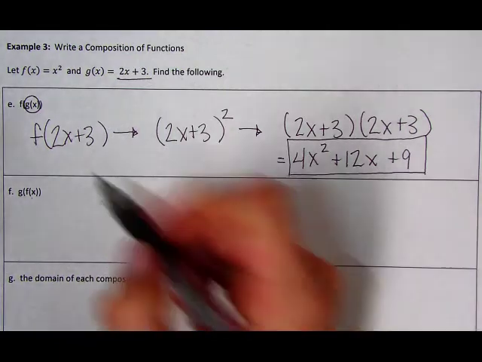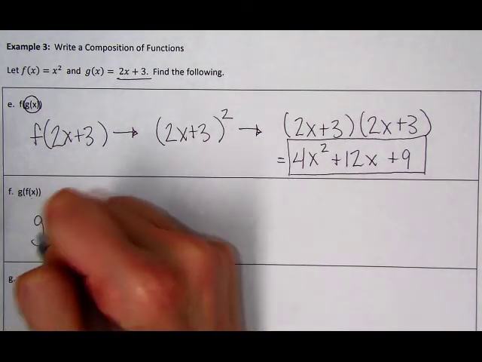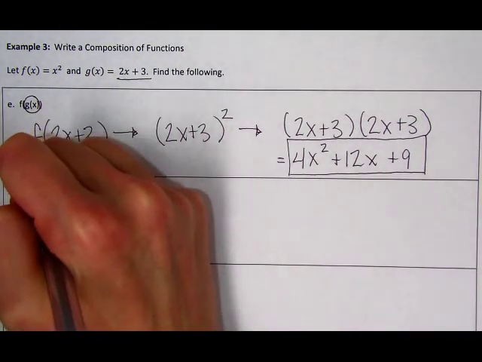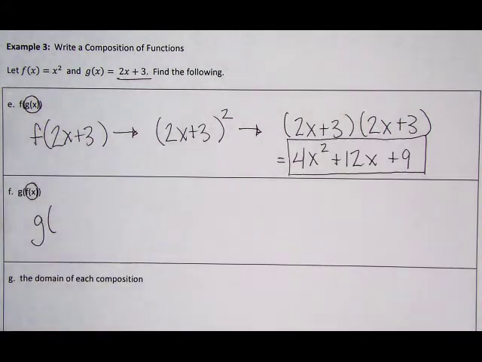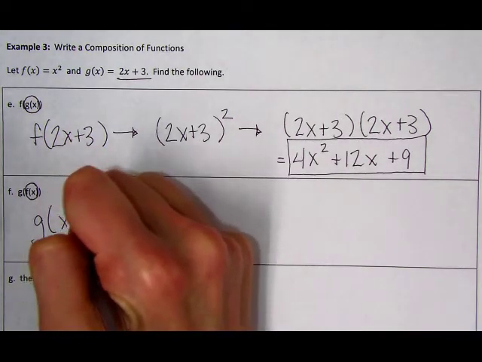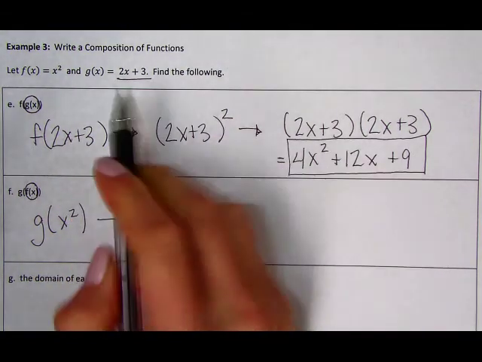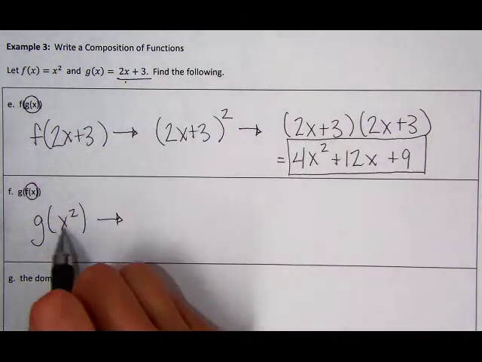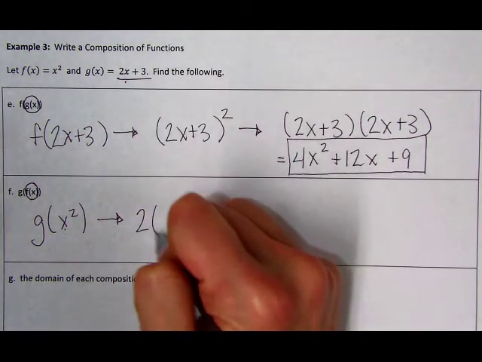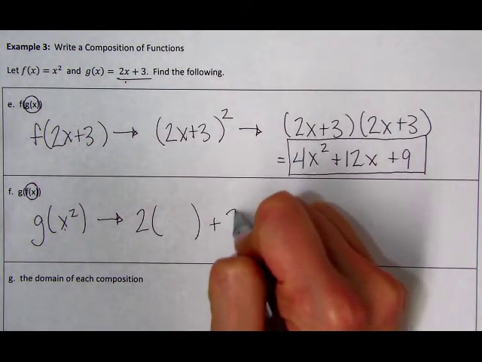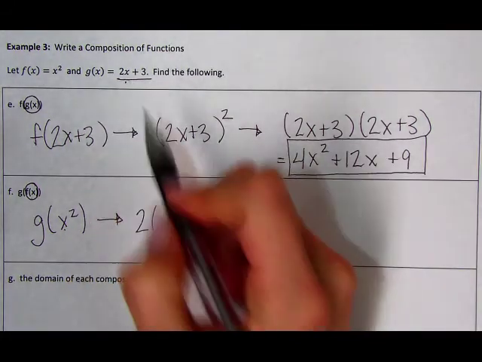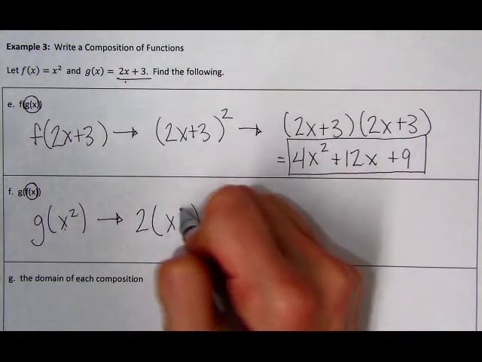The next one, in letter F, g is our function on the outside. I'm going to replace the entire inside with my f of x, which is x squared, which means wherever I see an x, I'm going to plug in x squared. So I get 2 times x squared plus 3. In for x, I'm putting x squared.